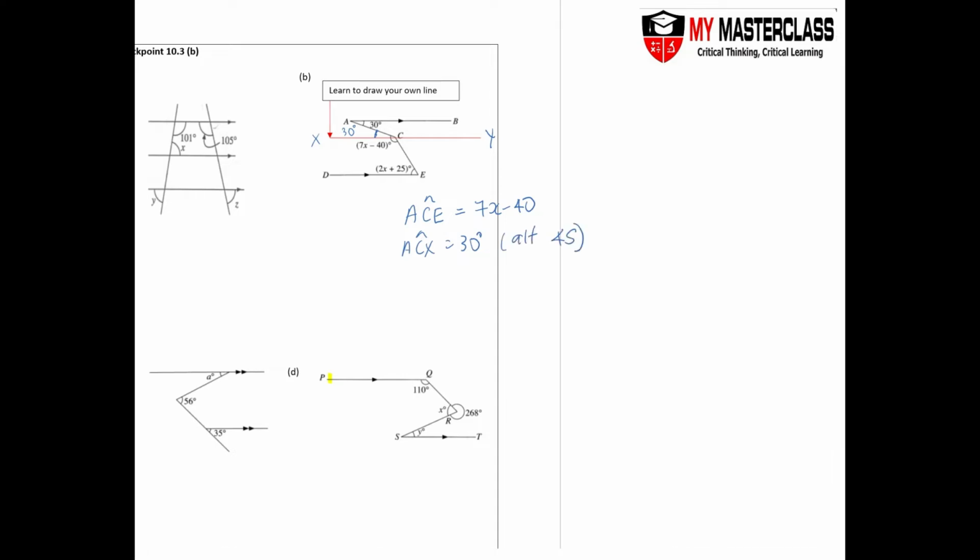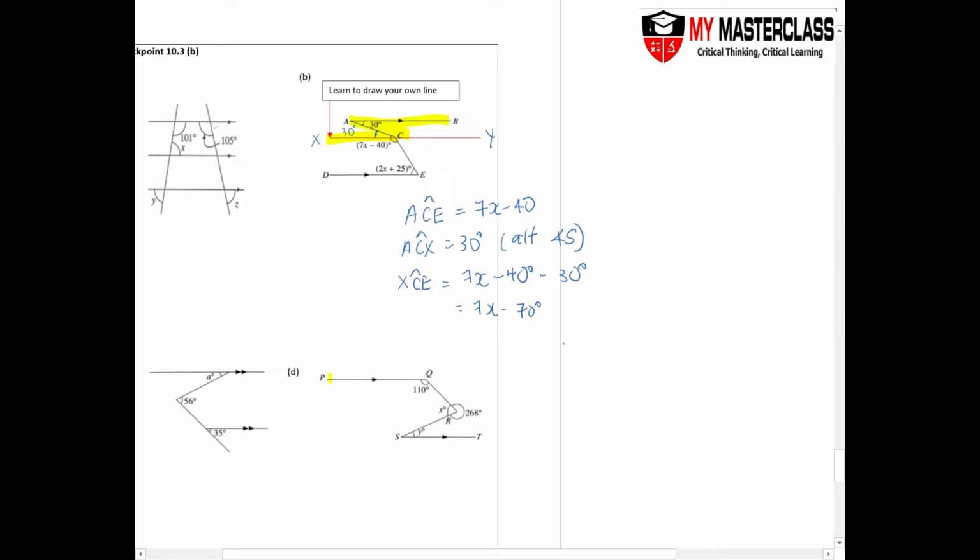Remember the Z diagram: when you have a Z, you can always apply alternate angles. Once you're done, you realize that this angle XCE is made up of 7x minus 40 minus this 30, which is 7x minus 70 degrees.